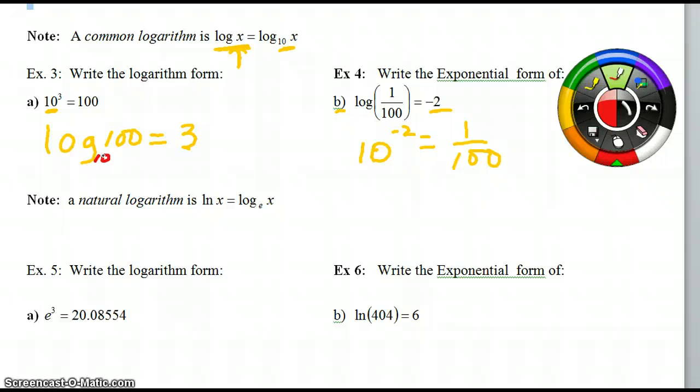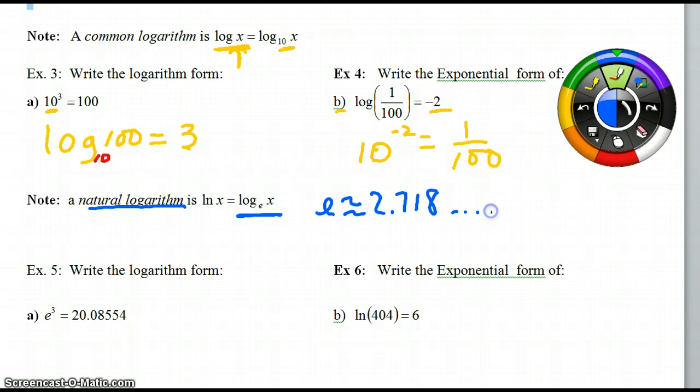And another well-used logarithm is what we call a natural log. And a natural log is a log to what we call the base e. And remember the other day we looked at that e, and remember what e is. e is just a number, an irrational number that goes on forever and ever.